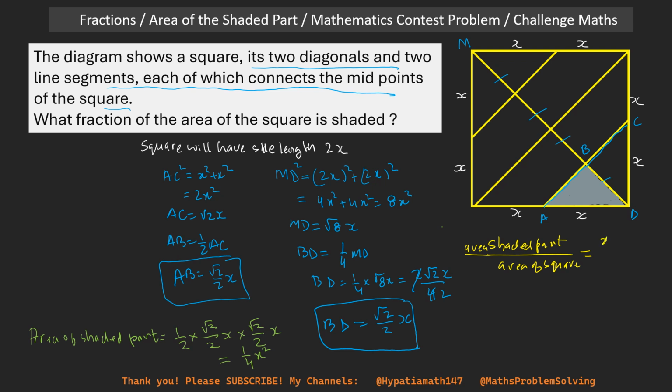The shaded part is x square out of 4, divided by the area of the square, which is 2x whole square, so that's 4x square. So that is x square out of 4 multiplied by 1 out of 4x square, which is equal to 1 out of 16. So the fraction of the square that is shaded is 1 out of 16.